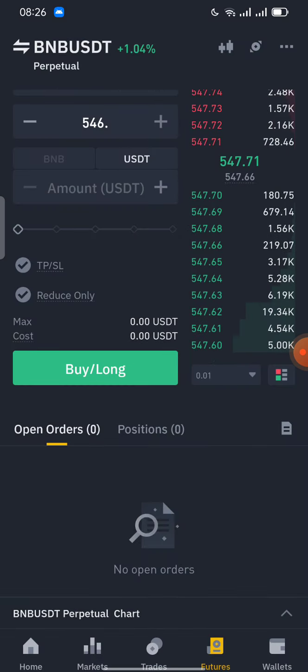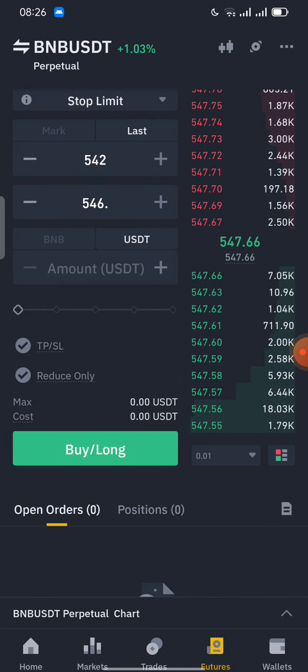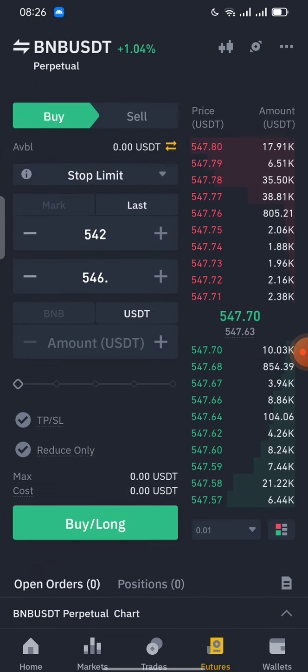Here I have insufficient margin, so I cannot buy. But here it will place the order, so you must have value here.